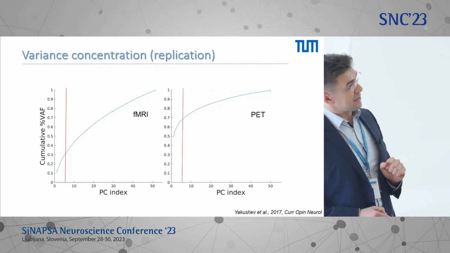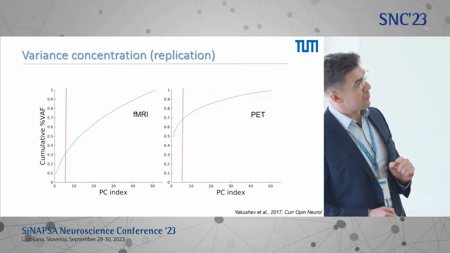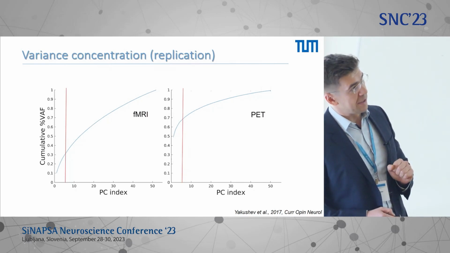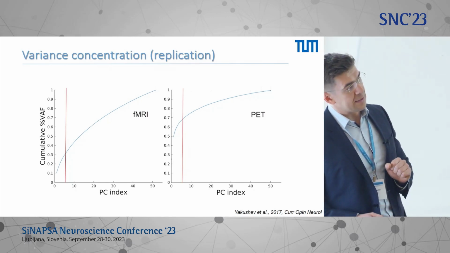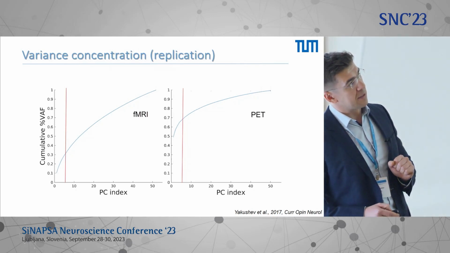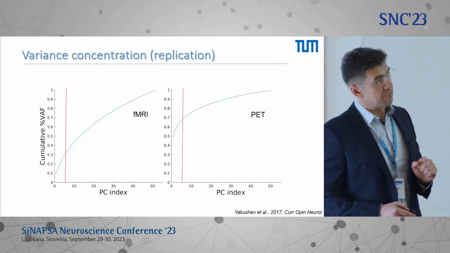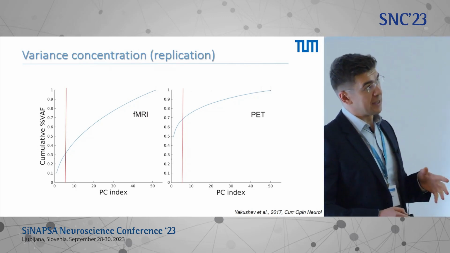You see that the first 5 principal components explain around 30% of variance in the fMRI data, while the first 5 components explain nearly 70% of the variance in FDG PET data.